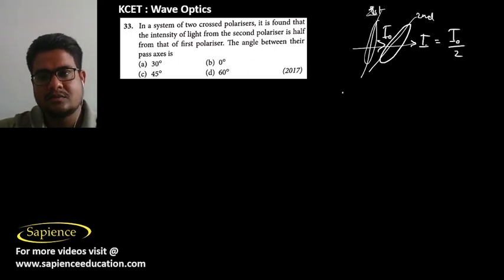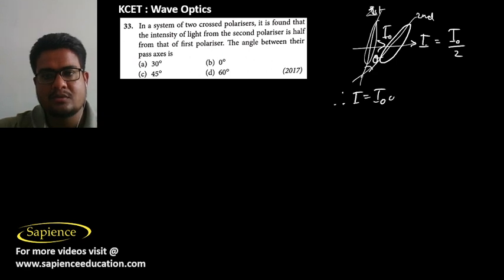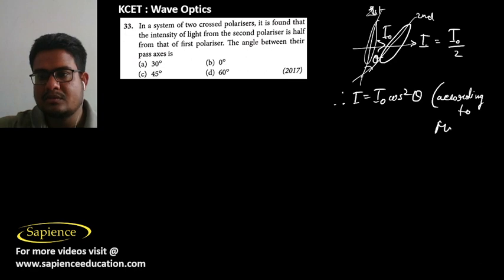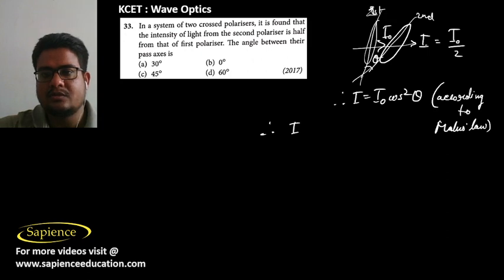So therefore you know that the angle in between their pass axes, suppose theta. So I will be equal to I naught cos square theta, according to the Malus law. Therefore, I is equal to I naught by 2.